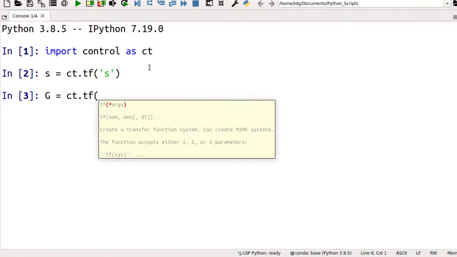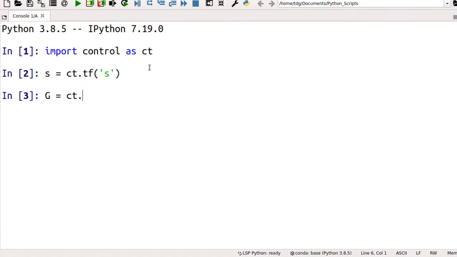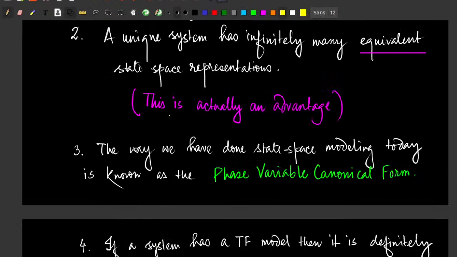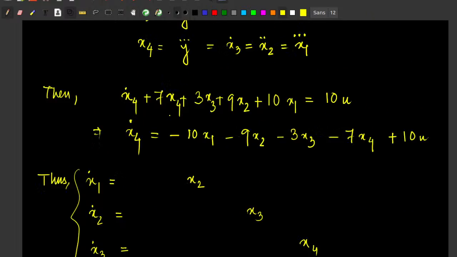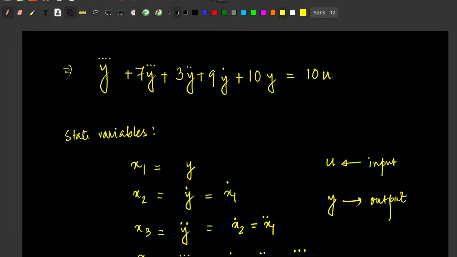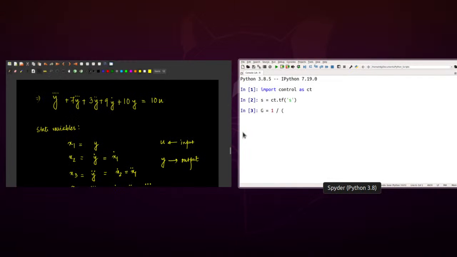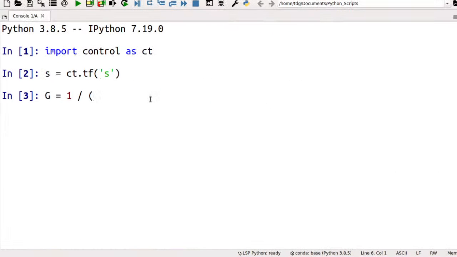So by now I believe you know how to write down transfer functions, right? So ct, 1 divided by, since I have defined s, I can just do it any way I want. So let's take an example that we have already done. Let's take the last one here. So that's going to be 10 divided by (s^4 + 7s^3 + 3s^2 + 9s + 10).